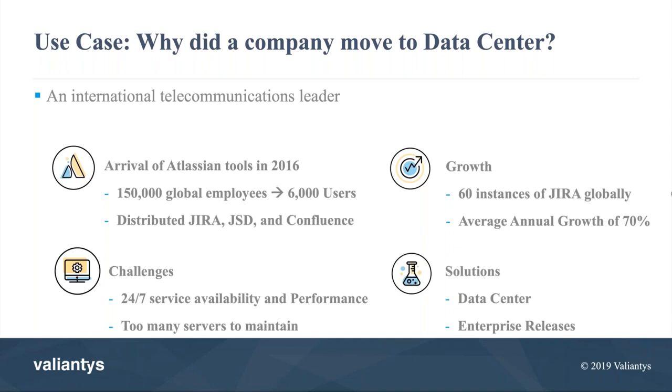So the solutions there really were to introduce data center in specific regions and to consolidate those 60 instances of Jira to get them into a more uniform global fashion. Now, upgrades still need to happen. The benefit of data center is that you don't need to go down to do upgrades. But upgrades themselves do introduce change as well.